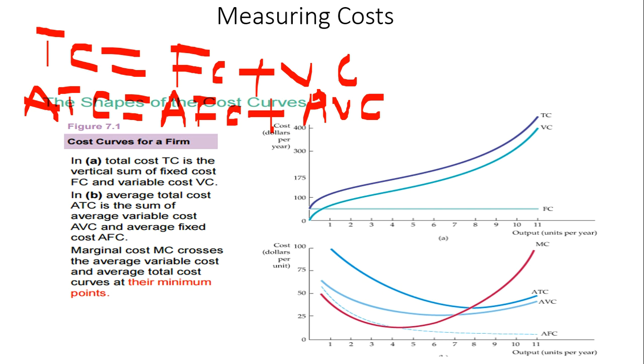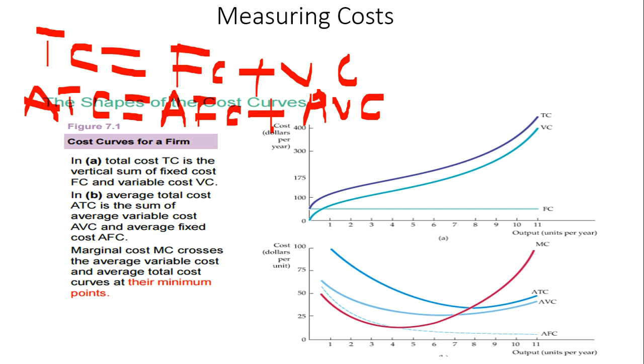And then the marginal cost, this red one, the marginal cost crosses the average variable cost and the average total cost curves at their minimum points. So the marginal cost curve, the one in red, is going to cross the average variable cost and the average total cost at their minimum points.